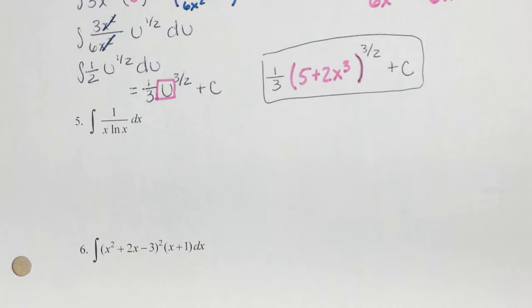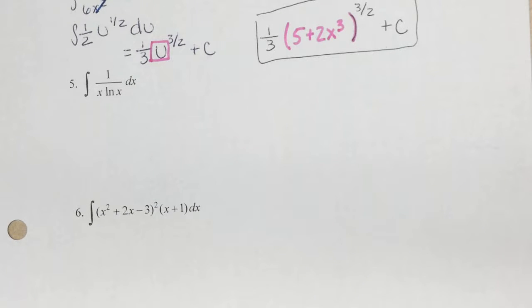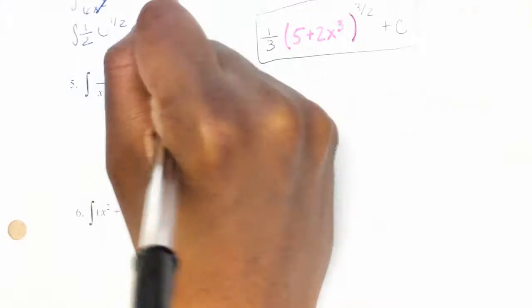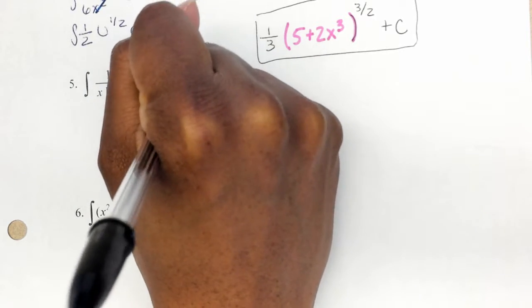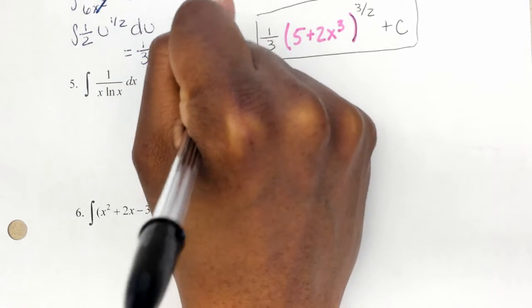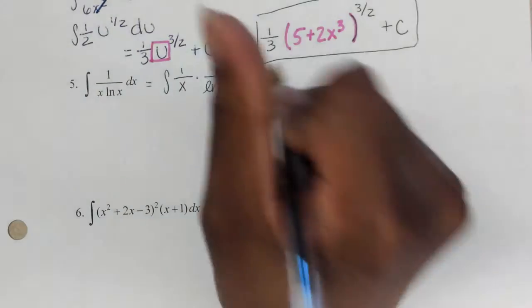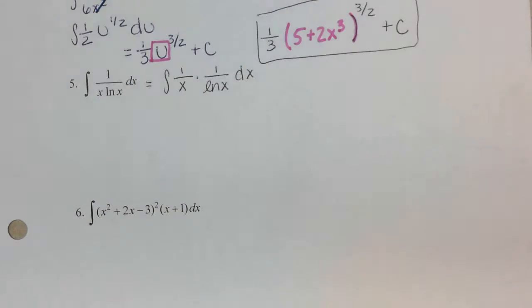Now for number 5, I'm going to rewrite this so that I can really see what the functions are that I'm looking at. So I'm going to rewrite this as the integral of 1 over x times 1 over ln x dx.